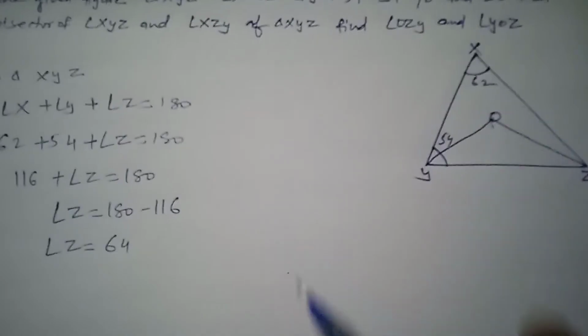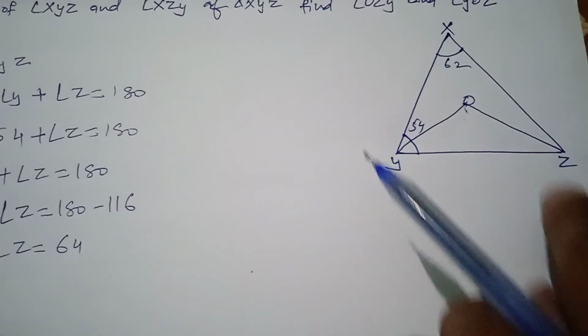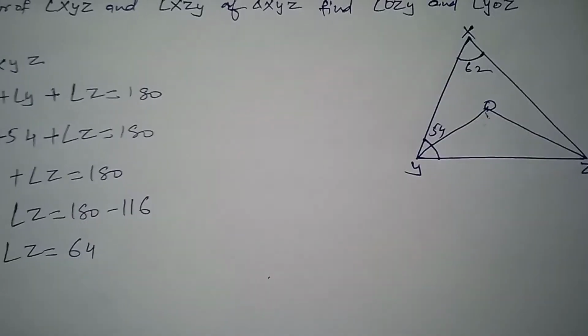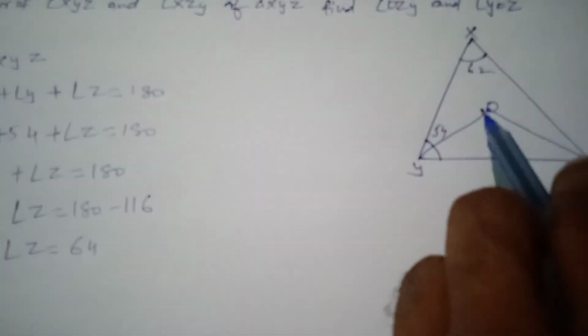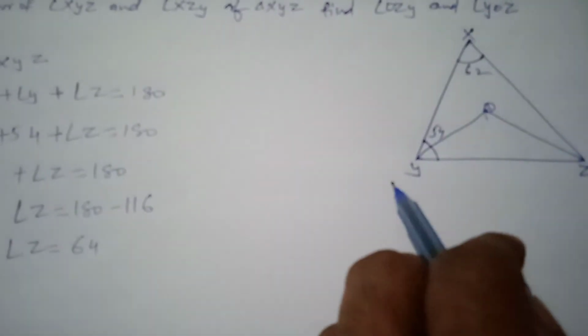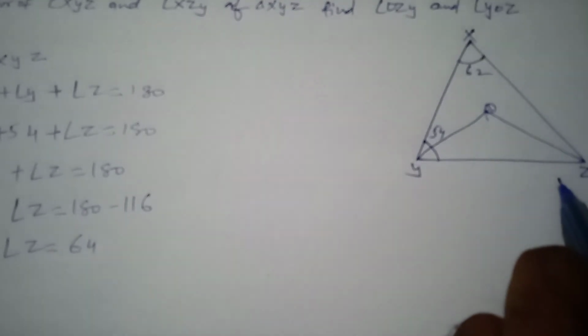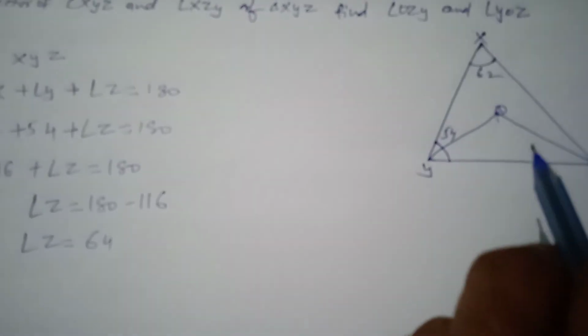Now in the given figure, OY and OZ are the bisectors. Bisector means when OY bisects angle XYZ, this angle Y is divided into two equal parts.